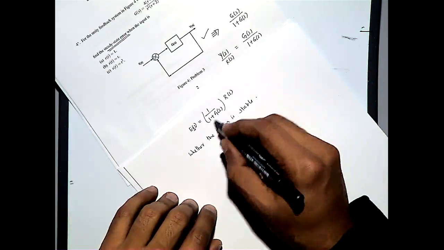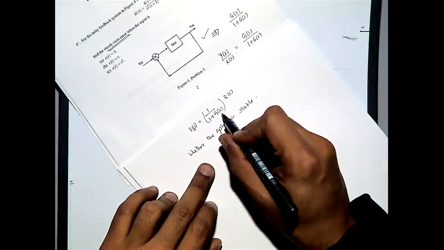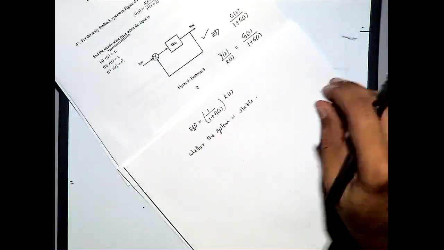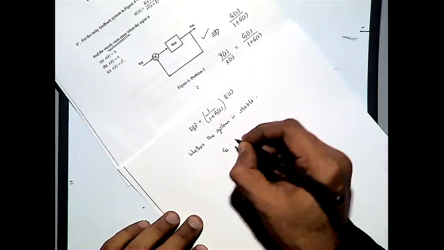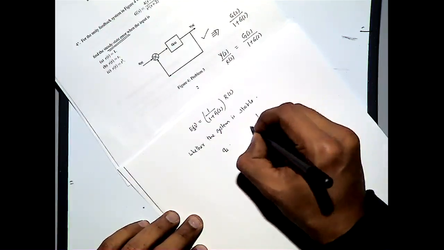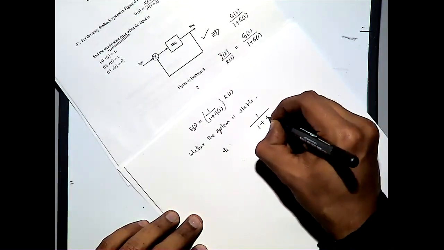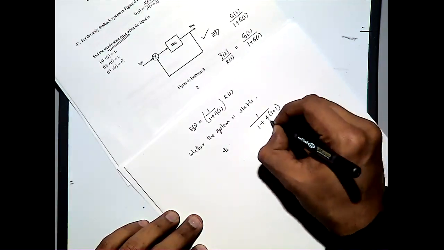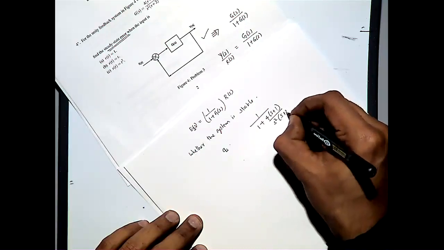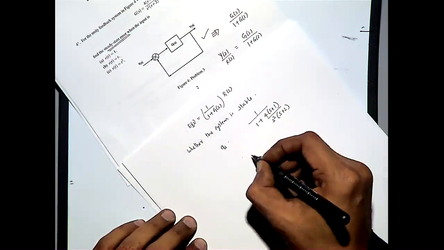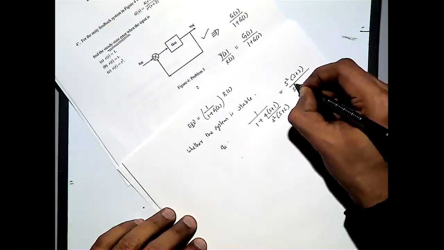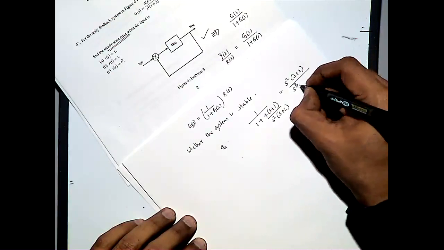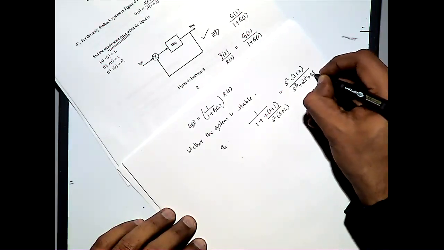For doing that, let me find out the closed loop transfer function of the system, which will be 1 divided by 1 plus 4 times s plus 1 divided by s square times s plus 2, which is equivalently s square times s plus 2 divided by s cube plus 2s square plus 4s plus 4.